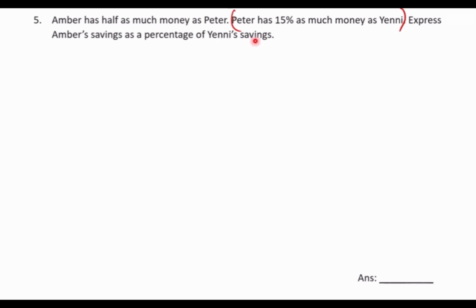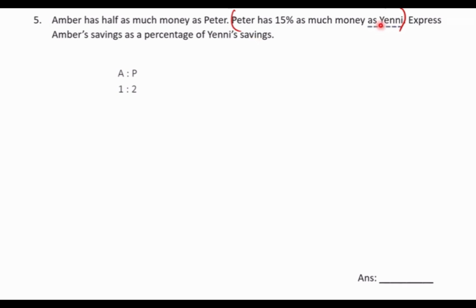First sentence. Amber has half as much as Peter. Ratio, A to P. If A is half of P, then A is the smaller one, so 1 to 2. Next, P to Y. Again, in the sentence with percentage, the one at the back is always 100%. Yenny is 100%.